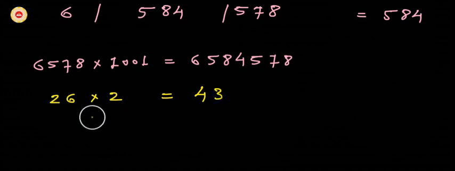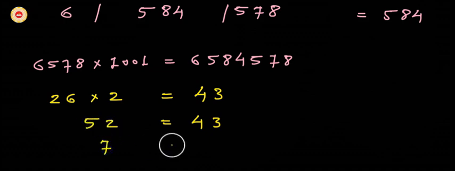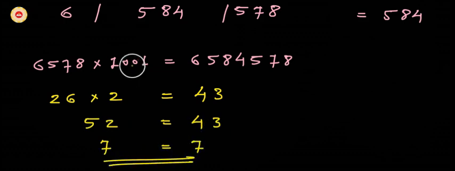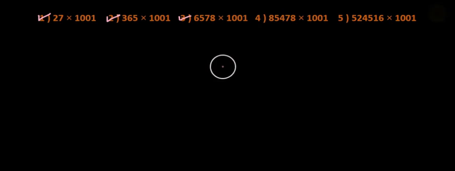Now 26 twos are 52, and 43. We need to have the Bijanka in the form of a single digit. So add these two digits again to get a single digit. 5 plus 2, 7. 4 plus 3, 7. Yes, tally it. The Bijanka of both sides are equal. So we are correct. Next example.